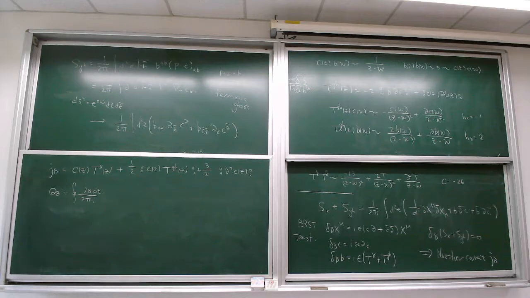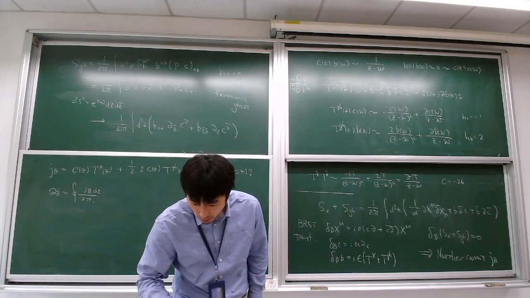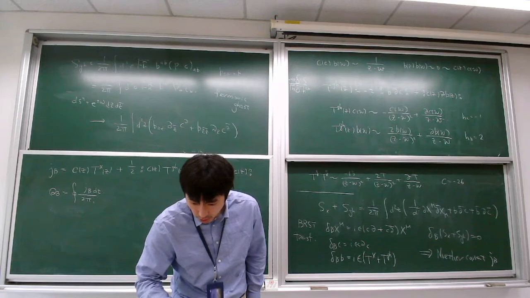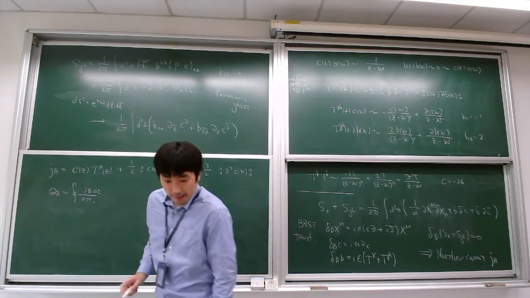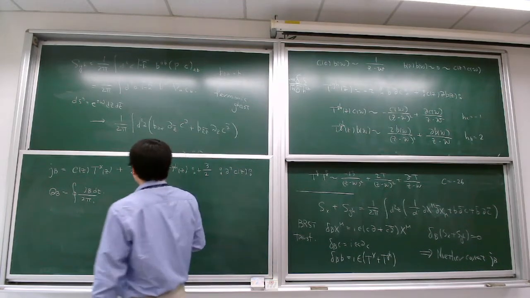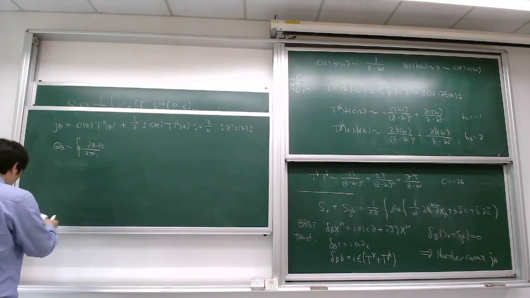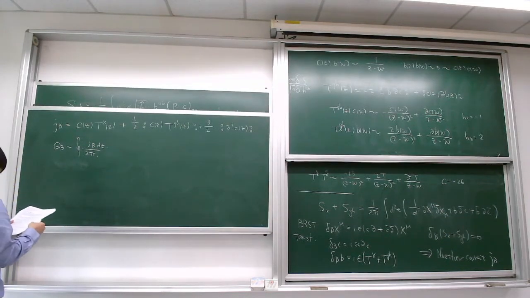And then I think you computed this jB OPE, as far as I remember. So he just computed the jB OPE. So this is a part I missed last time.